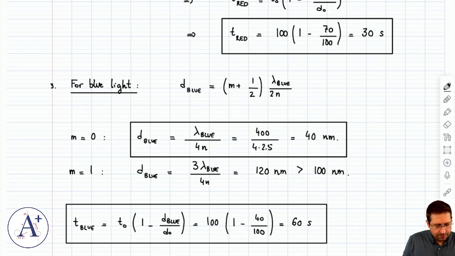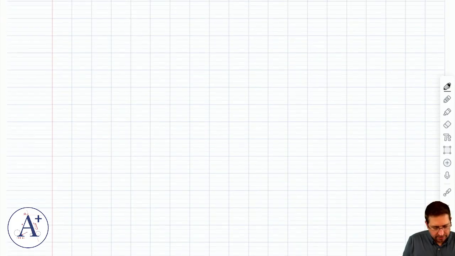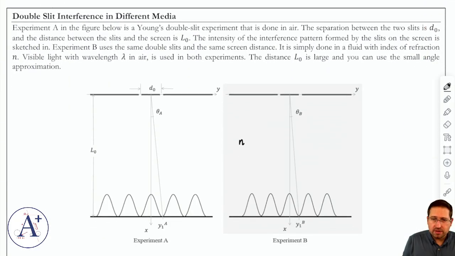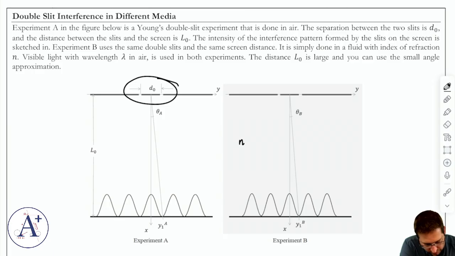Okay, so then let's go do a double slit interference problem, and we'll do it in 2 different media. So we are told that experiment A and experiment B are exactly the same experiments. We have 2 slits here, and this is Young's double slit experiment.